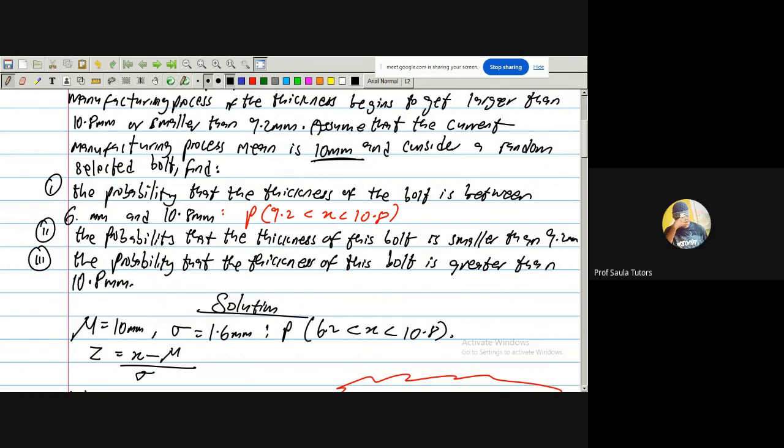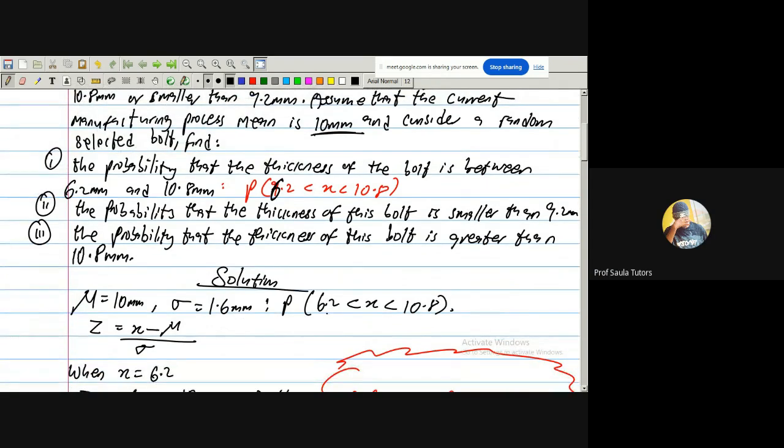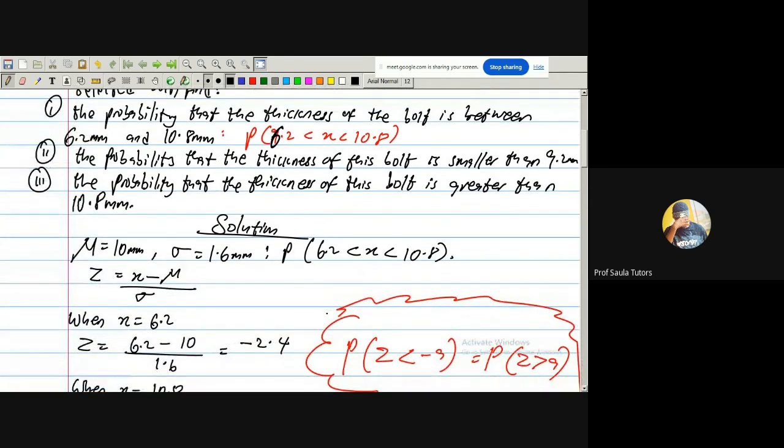So the next one is to find the probability that x is smaller than 6.2. Let us take everything like 6.2.